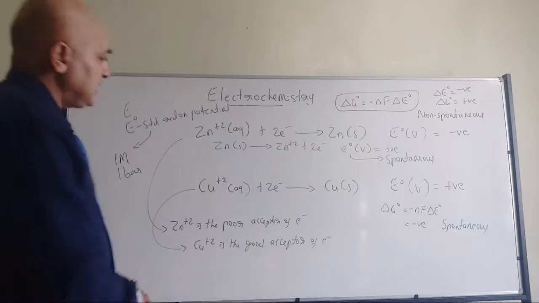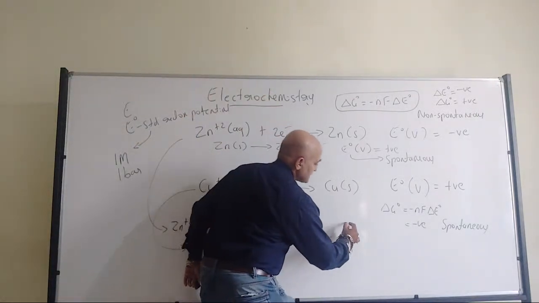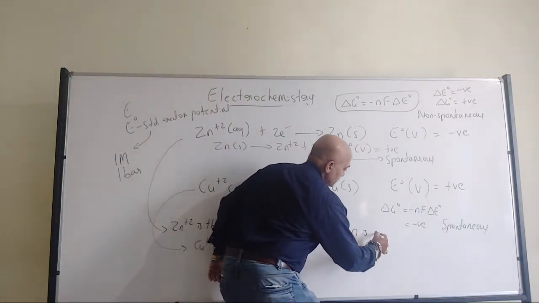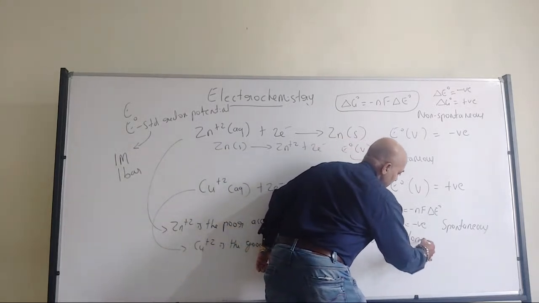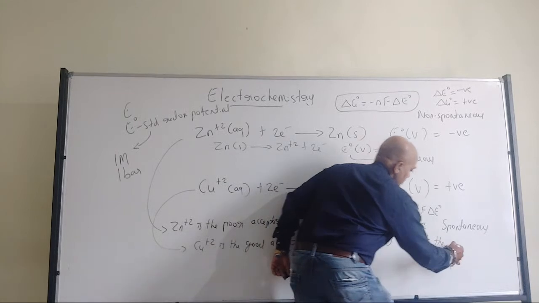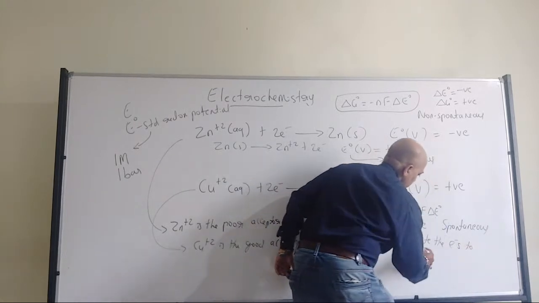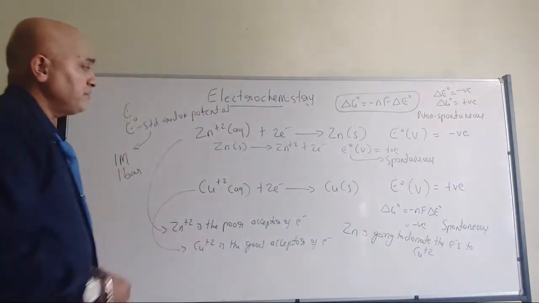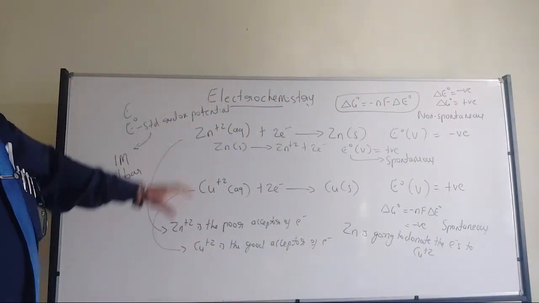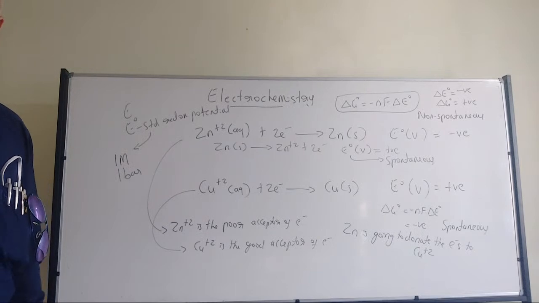So based on that, we can tell that zinc is going to donate the electrons to cupric ion. Okay, all of you have understood? That's what we can give as the statement over here.